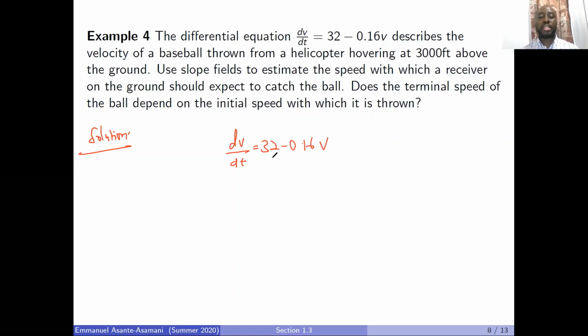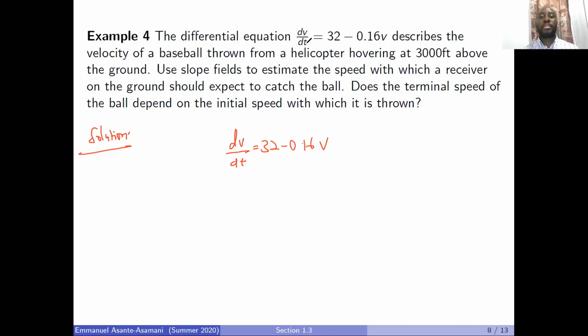Notice that this is a first order differential equation. Now if you look at your right hand side, this is not a function of the independent variable t, and so we cannot directly integrate this to find a solution. So at this point, what we can do is visualize the slope field and possibly solution curves, and that will give us a sense of what is going on.